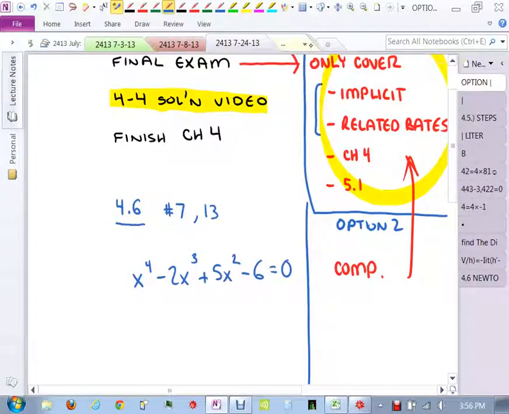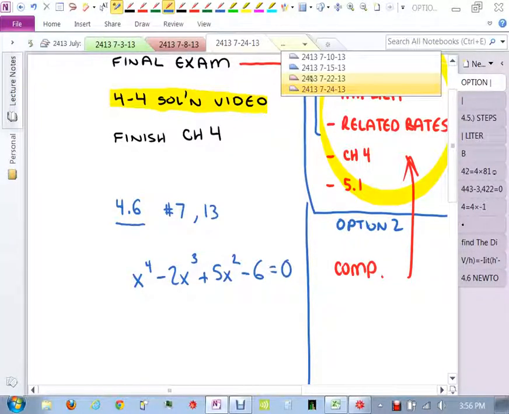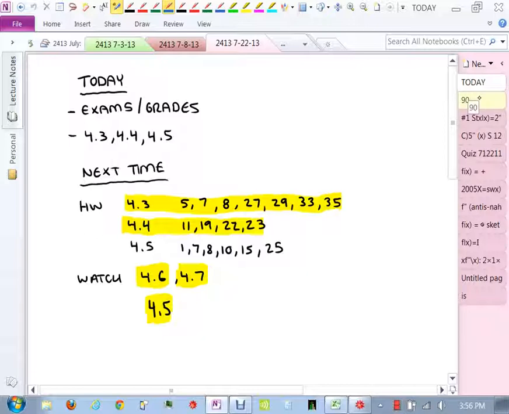Last class, we had the homework assignment. Let me see if I can find it. Okay, there's the homework from 4.5. So for next class, you have no videos to watch, all right? All you have to do is get caught up on your homework.